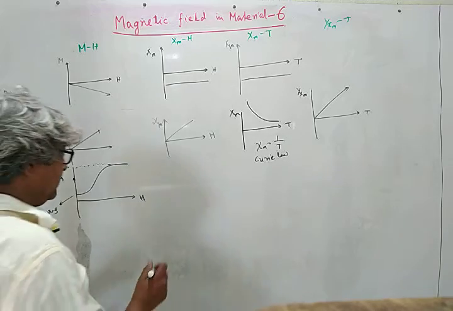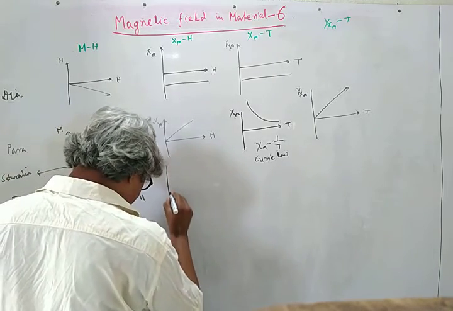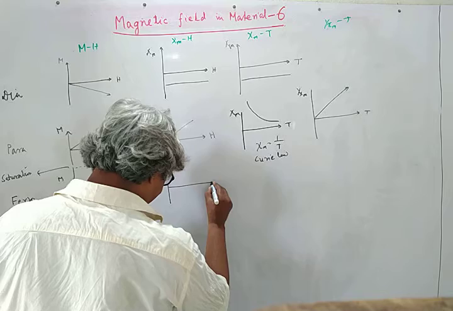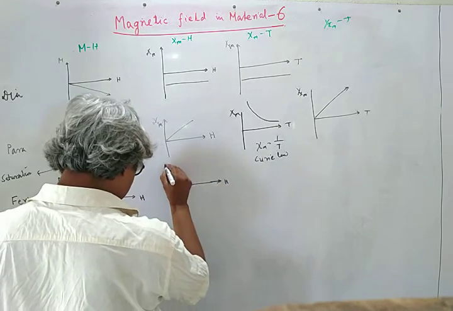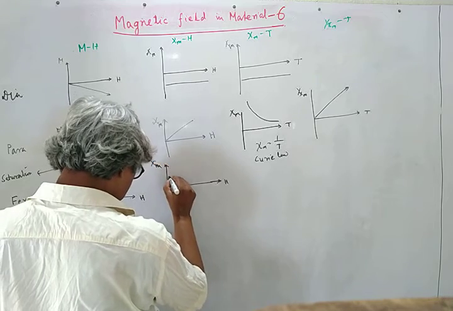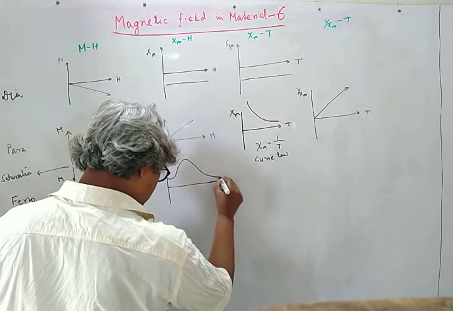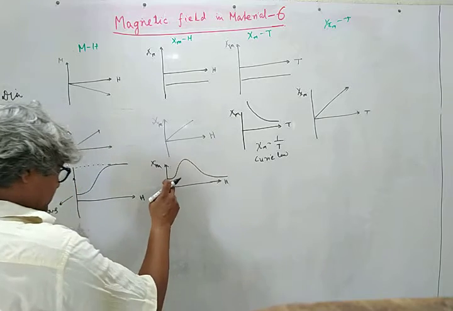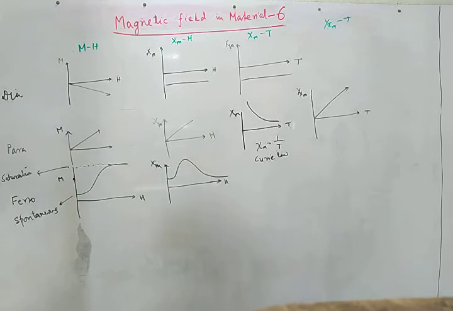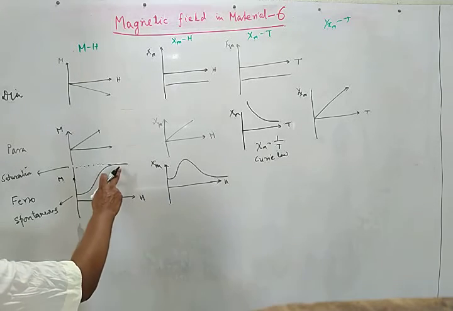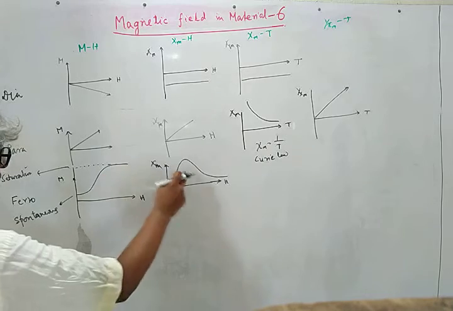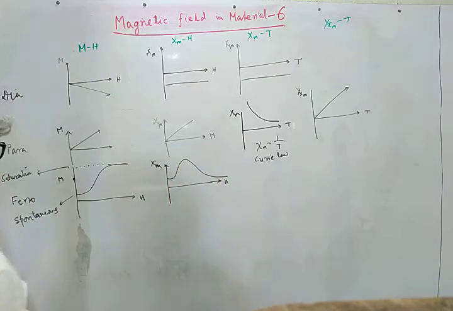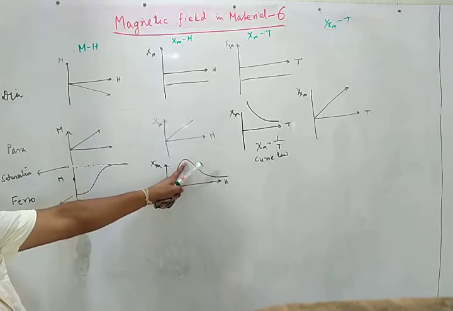Now if we plot the dependence of susceptibility on field, we find initially the susceptibility increases at a high rate and reaches a maximum, and on reaching the maximum value, M does not change even with the change of H. So this is the downward trend. This point corresponds to the saturation.